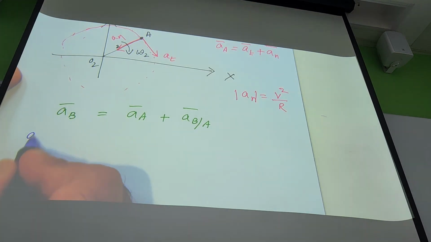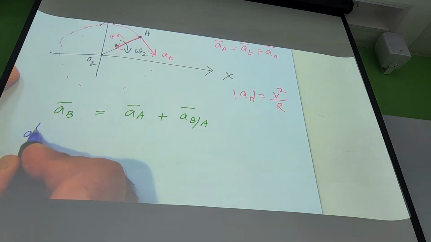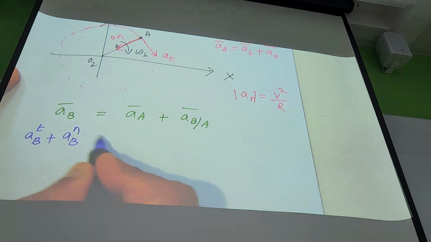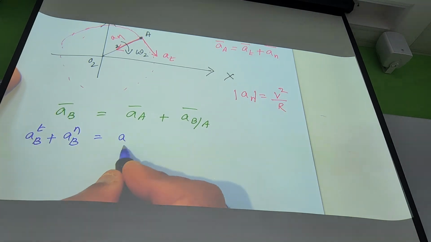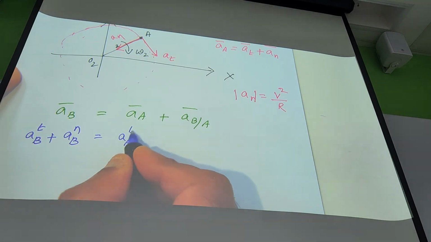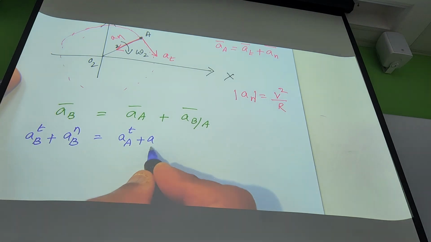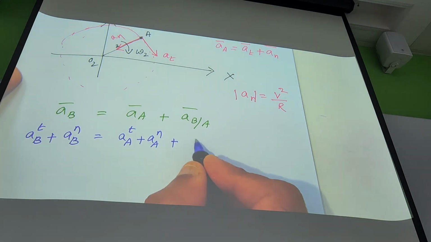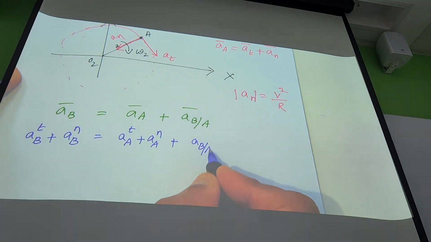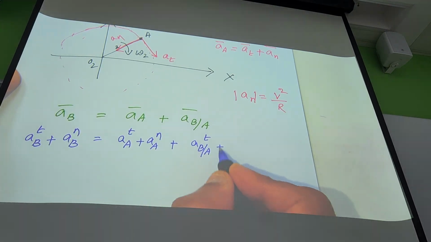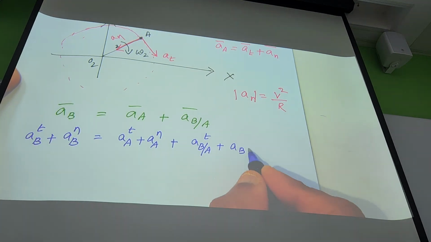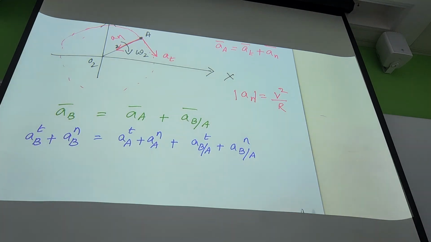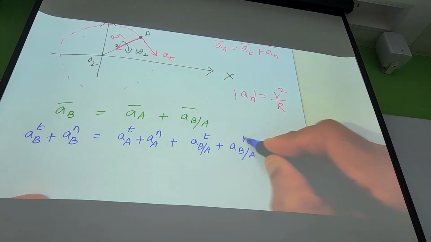So we can write this as acceleration of B tangential plus acceleration of B normal equals acceleration of A tangential plus acceleration of A normal, plus acceleration of B to A tangential plus acceleration of B to A normal. So we have 6 components.